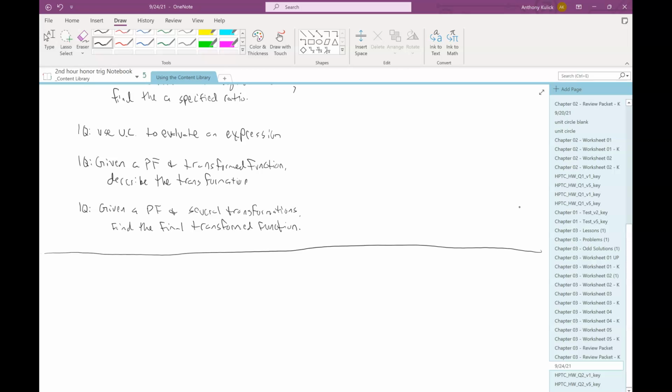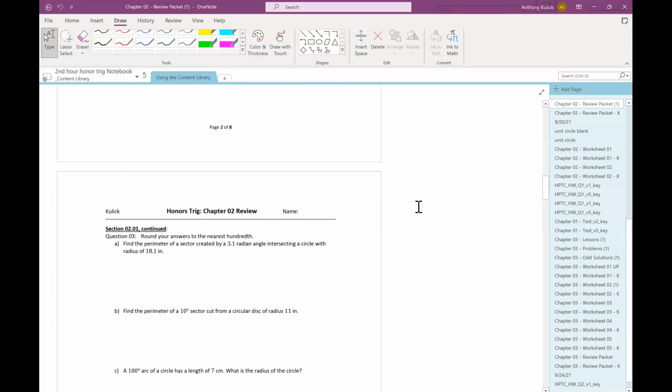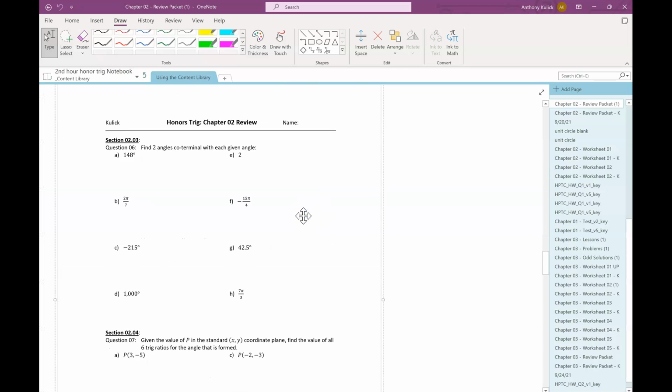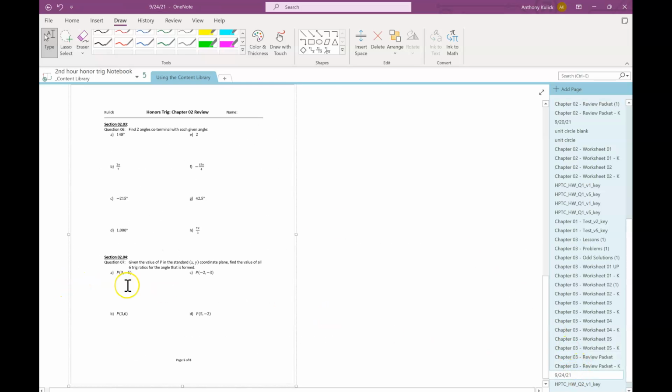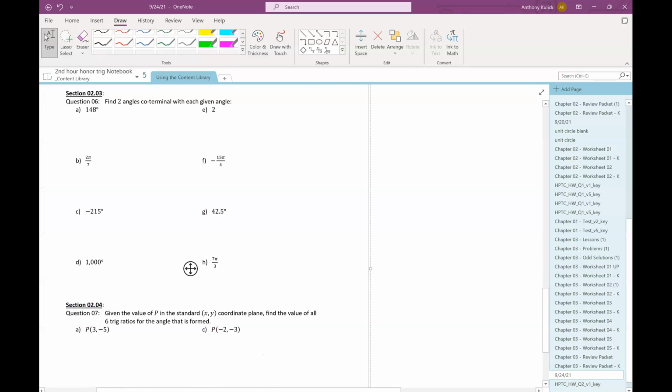Margot. On page 5 of the review, could you please do F? Sure. So page 5, you say? Yeah. That one. Okay. So it says, find two angles coterminal with each given angle.